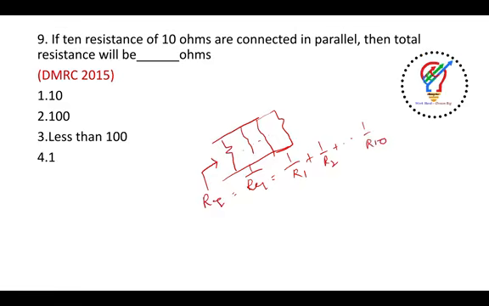Each of the 10 resistors is 10 ohms, so 1 by 10 plus 1 by 10 and so on, adding up, it will be equal to 1 ohm. Or simply the shortcut is, if the resistances have the same value, 10 ohms divided by 10 resistors is 1. So the answer is 1 ohm.